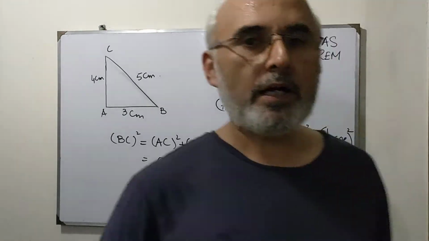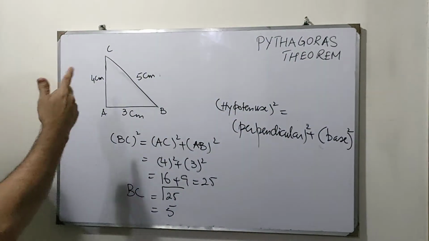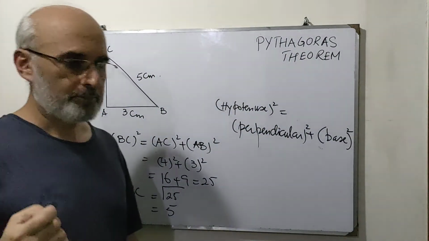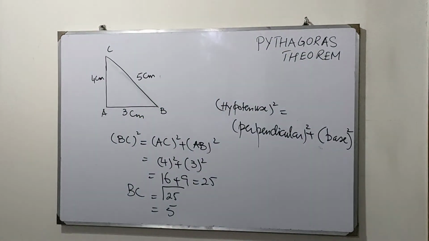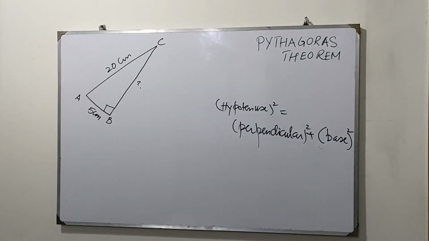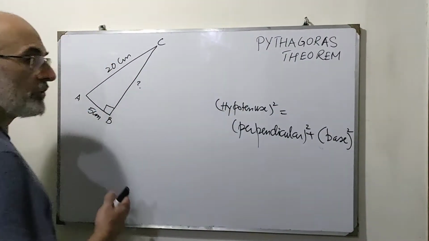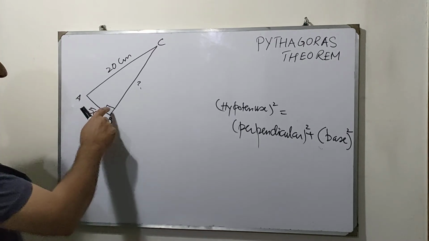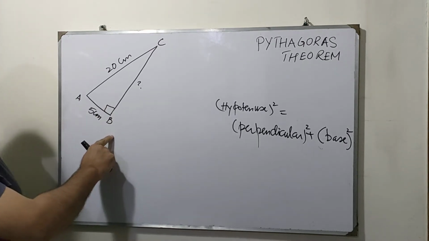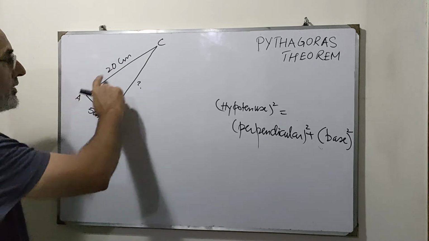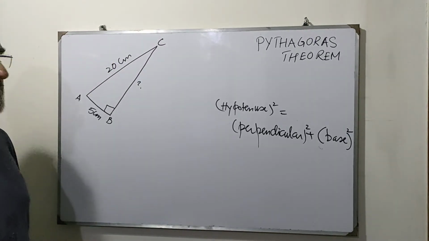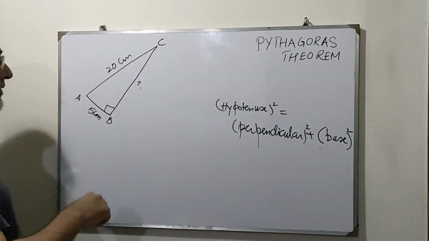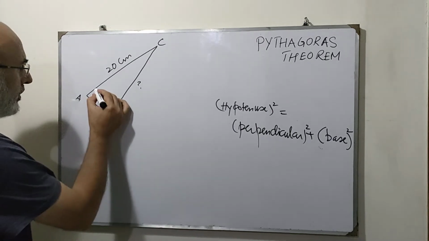Let's do one more example of this relationship. Okay, I have another triangle. In this triangle, I have a 90 degree angle at B. So this AC side becomes the hypotenuse, and we have an angle here also.